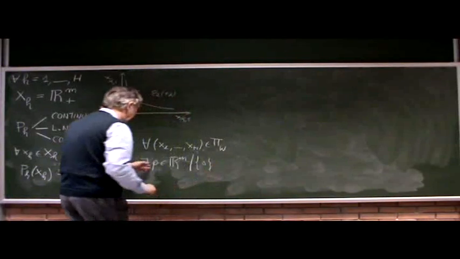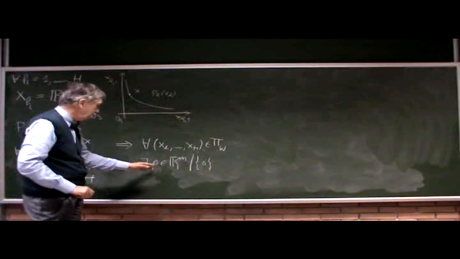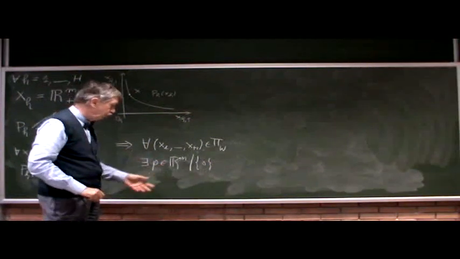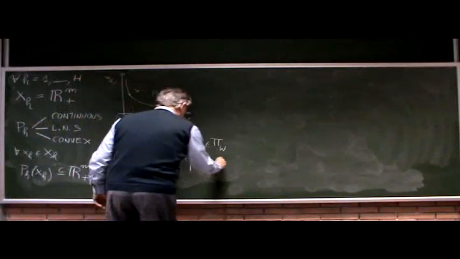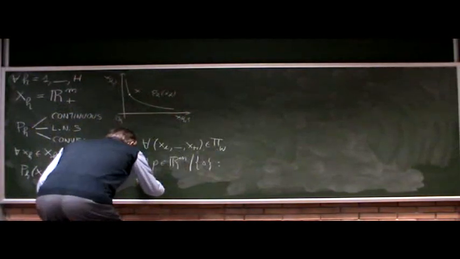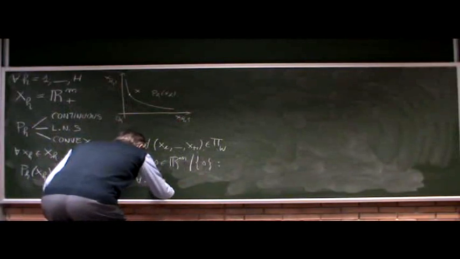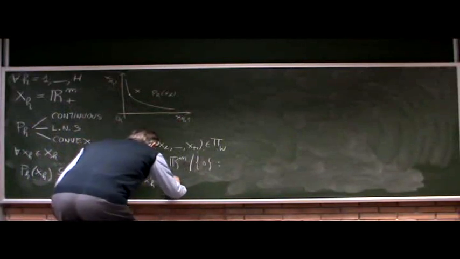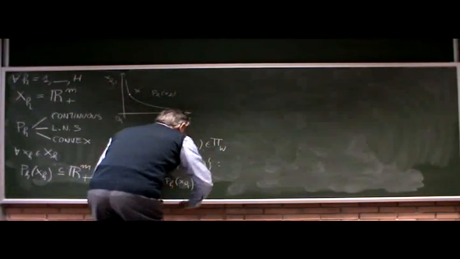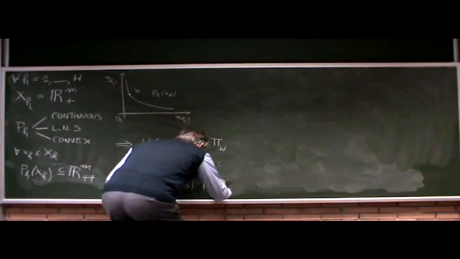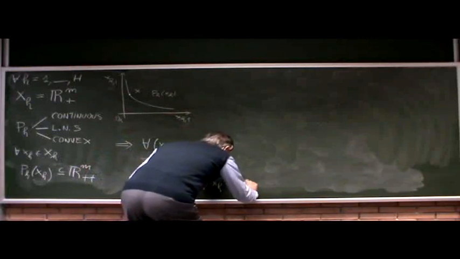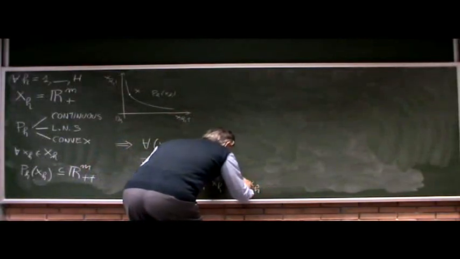That tells us at least one element of this p must be non-null, such that for every x prime h in Ph of xh, p times x prime h is greater than p times xh.